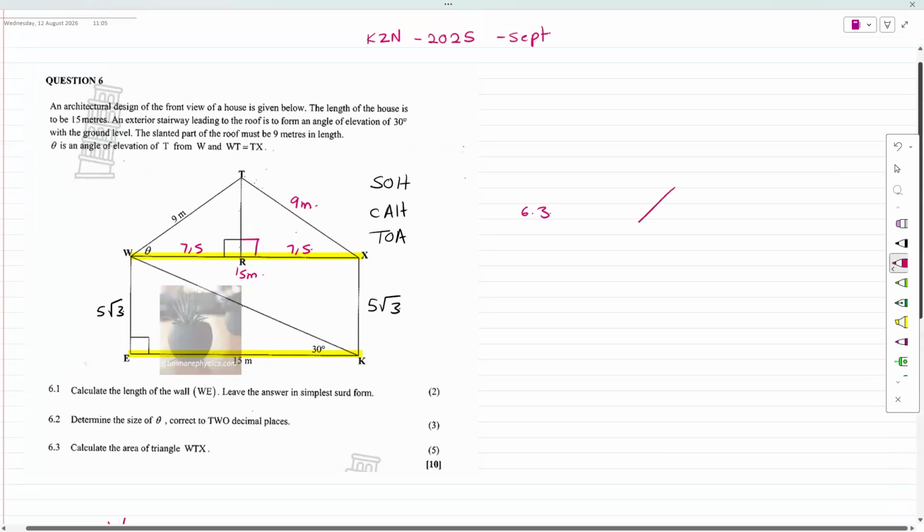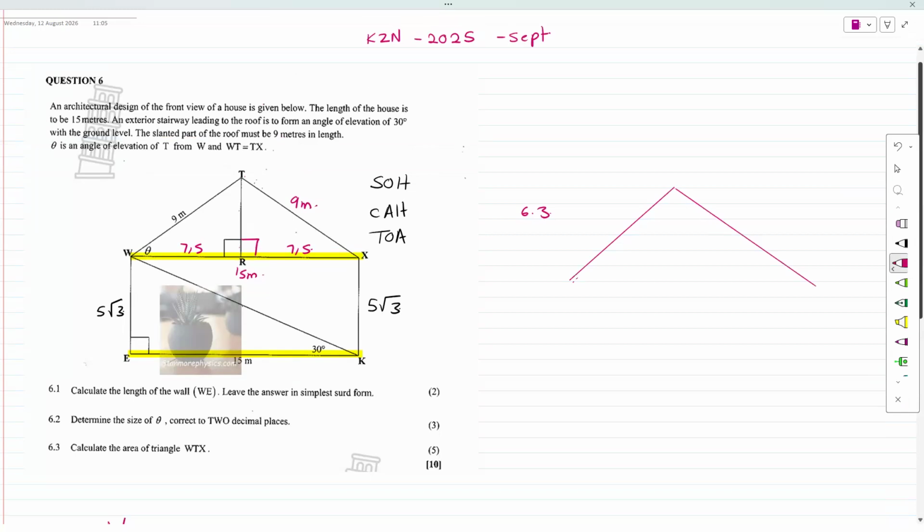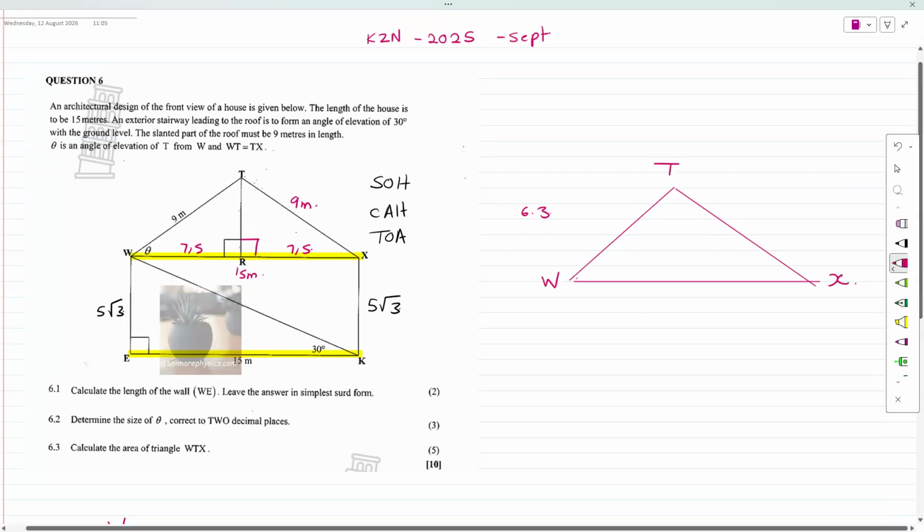WTX looks something like this. There's W, there's T, and there's X. Now, I know there's a height. The height is here. For area, we need to remember the formula is half of the base times the height.